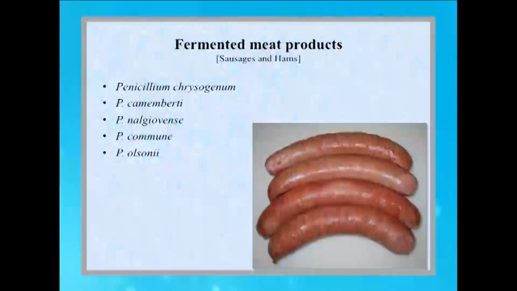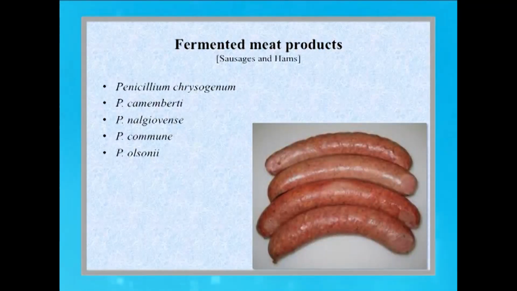There are many other fermented meat products like sausages and meats which can be fermented with the help of different species of Penicillium like Penicillium chrysogenum, Penicillium camemberti, the same which is being used for the production of camembert cheese, or Penicillium nalgiovense, Penicillium commune, or Penicillium olsonii.